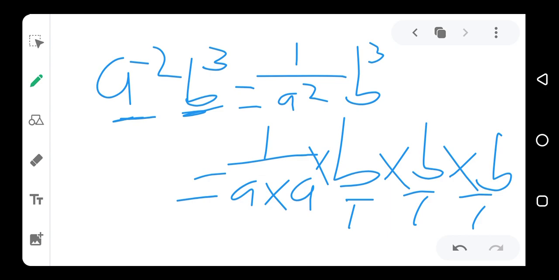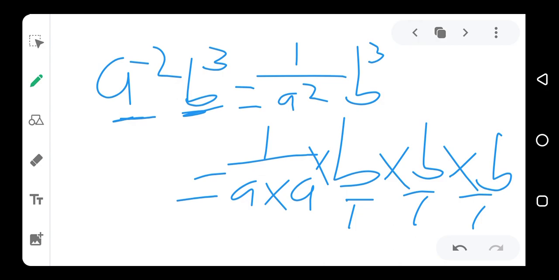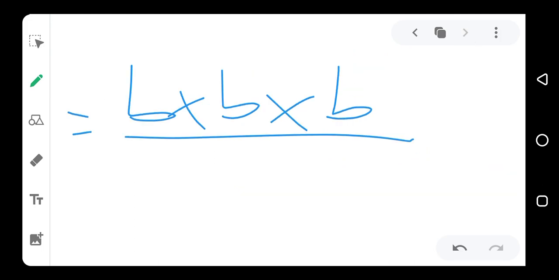So this will give us b times b times b over, we take this b, we times everything by 1. Anything times by 1 is 1. So it becomes b times b times b. Then a is under, so we put the ones that are under, which is a times a. So this is the expanded form of it.